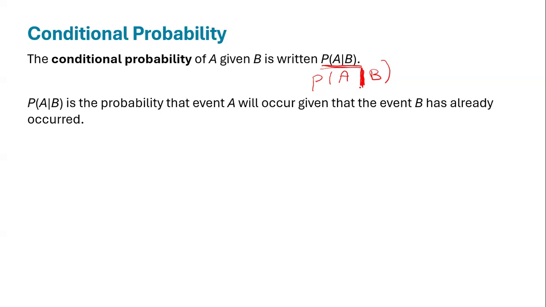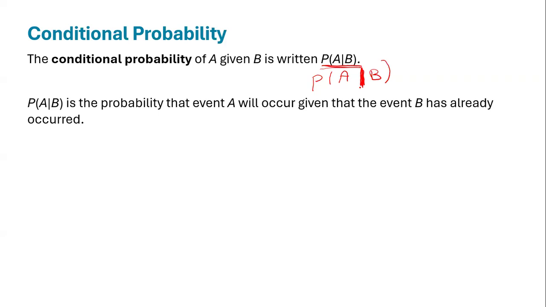You know that B occurred, and now you want to find the probability of A. But you have to be careful because sometimes B occurring affects A. Sometimes it doesn't, sometimes it does. That's why we call it a conditional probability: finding the probability of A with the condition that we know B already occurred.